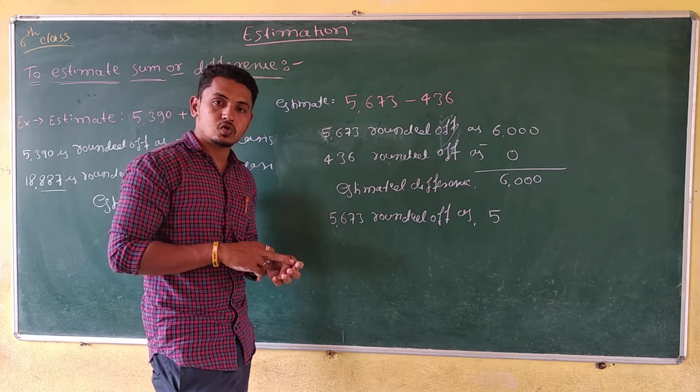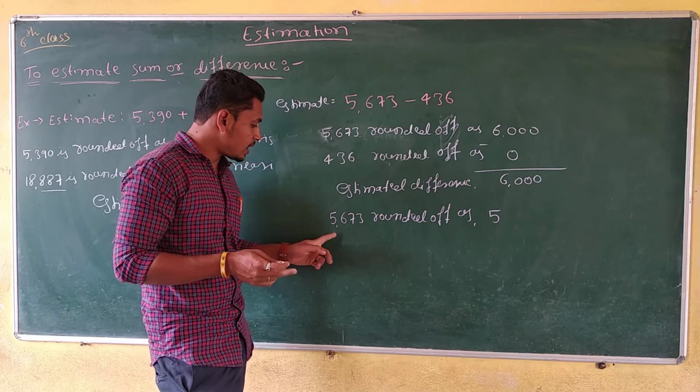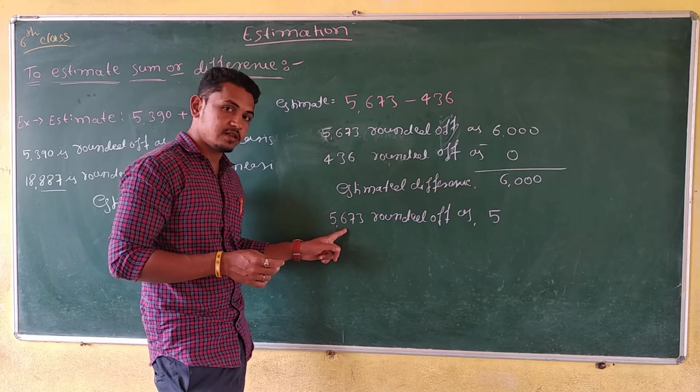Sorry, 73 is nearest to 100. So that's why we have to change this 100 place value.